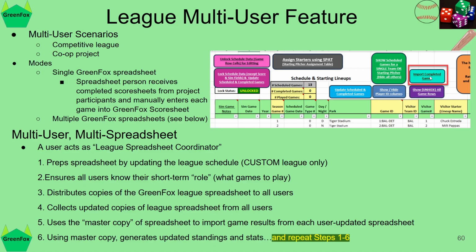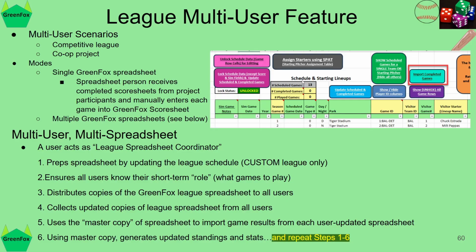I click this button, it'll ask me, hey, do you want to import some games? It'll first double check that the spreadsheet has the same league ID and a couple other things to confirm that it jives with the current league setup in the GreenFox. And then it'll look at the schedule and identify what games have been completed in that spreadsheet but are not completed in the master copy spreadsheet.